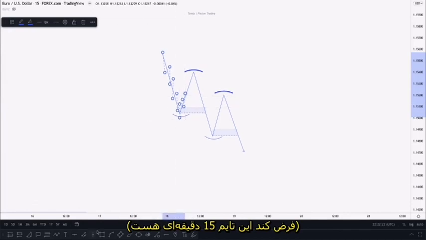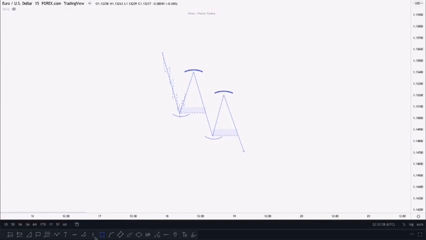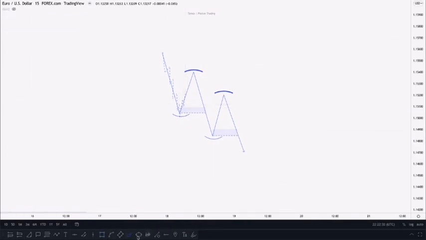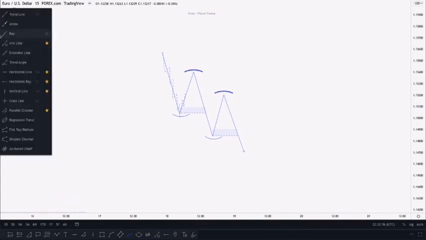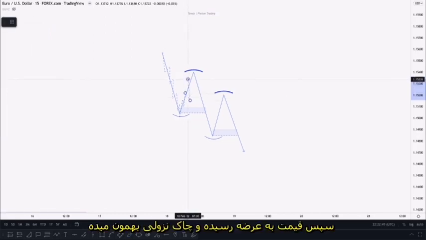Imagine this is M15. We look left. We have a demand. You can get involved here and play the pullback to the upside, and then price reaches the supply, shock bearish.